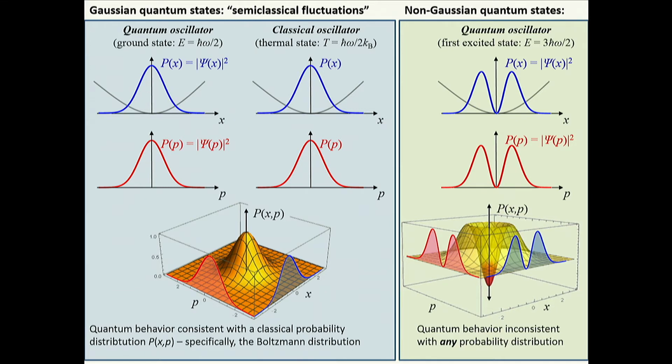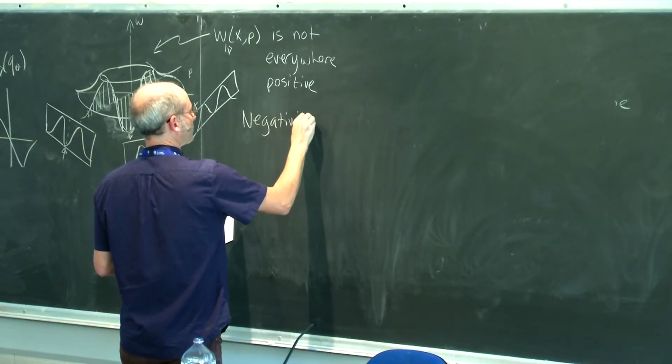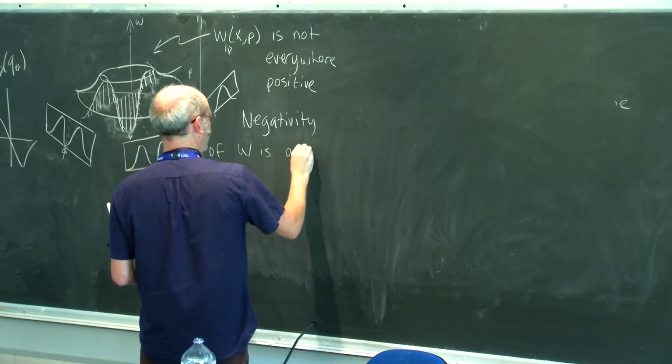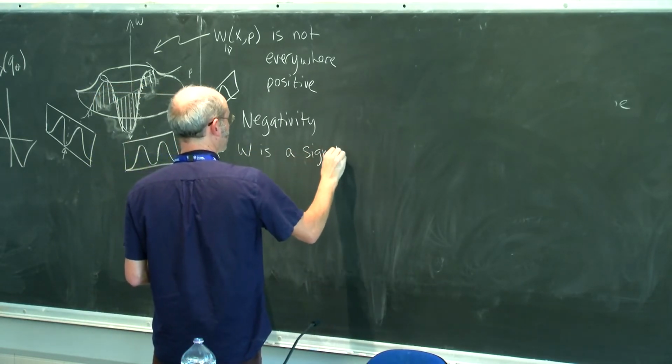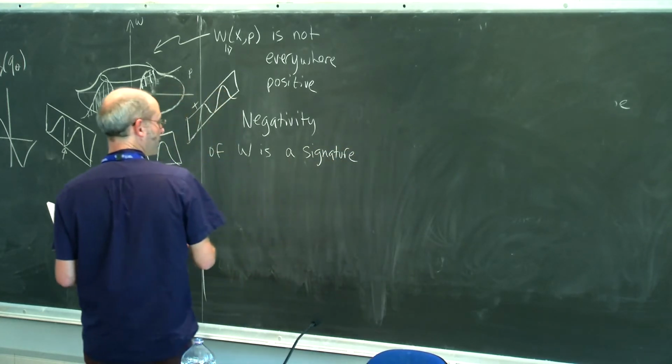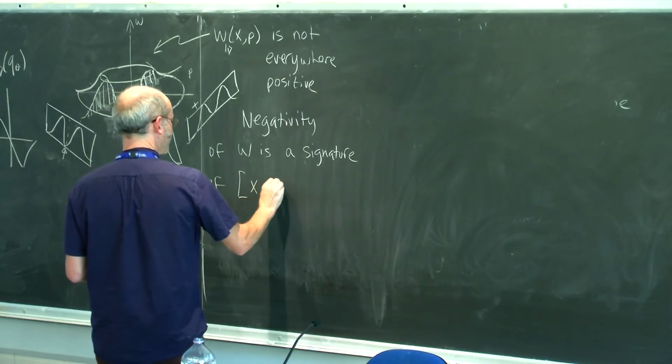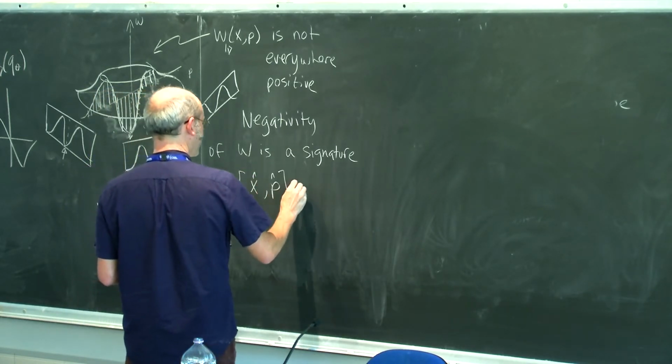If I want to say, well, what's the probability of having such and such value of x and such value of p, and you tell me minus 0.03, but we're not talking about statistics anymore. So this negativity of W is a clear signature of something that doesn't exist classically, and it's a direct manifestation of the incompatibility of x and p.